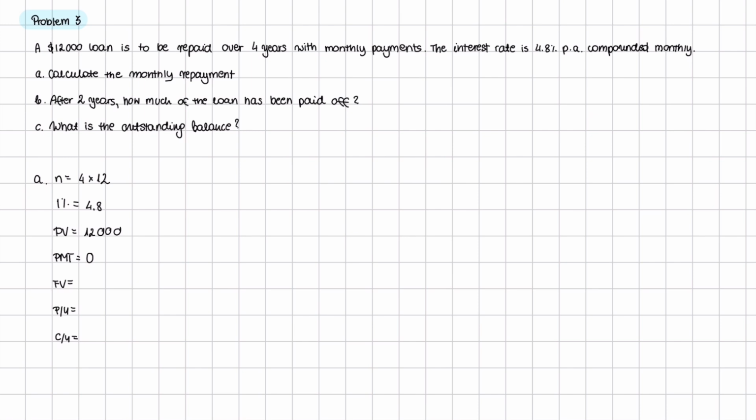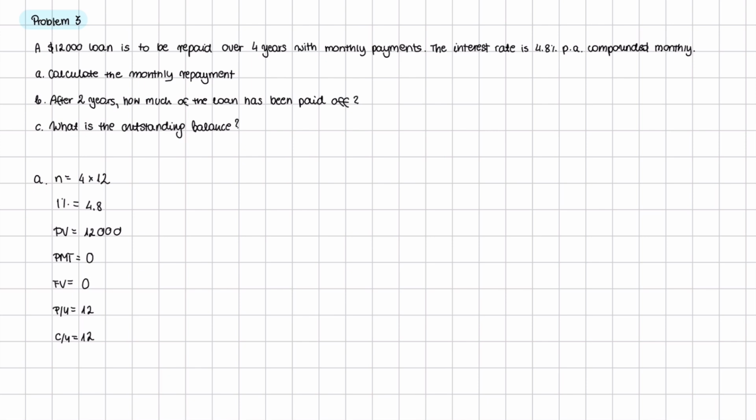Future value is of course 0 because we have to repay our loan, and P/Y and C/Y both are 12 because C/Y is compounding periods and we have compounded monthly, and P/Y is 12 because we have monthly repayments.